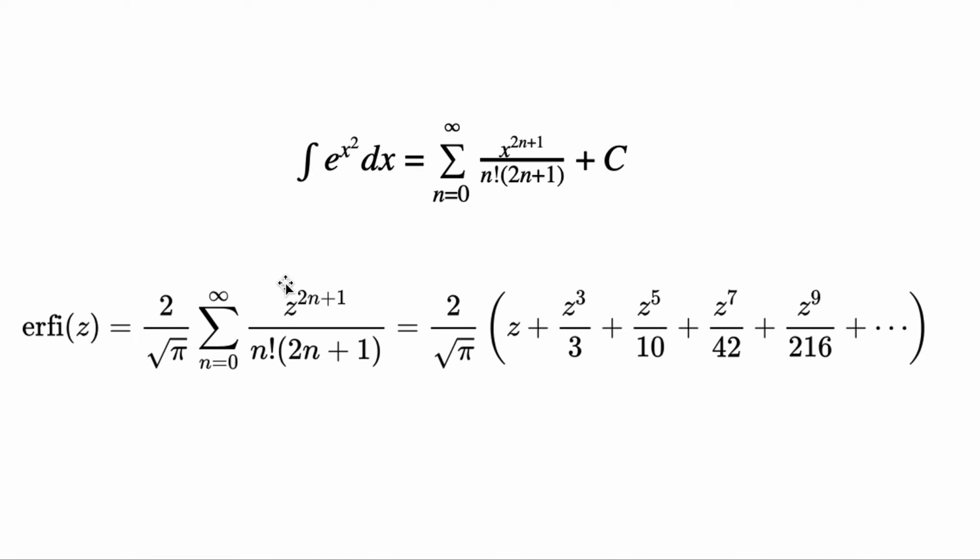But we already know it was just the general term. If we write the whole Maclaurin series, as when we wrote e^(x squared) as a whole function, then the integral of e^(x squared) dx is going to be the sum of n from 0 to infinity of x^(2n+1) over n factorial times (2n plus 1) plus c.